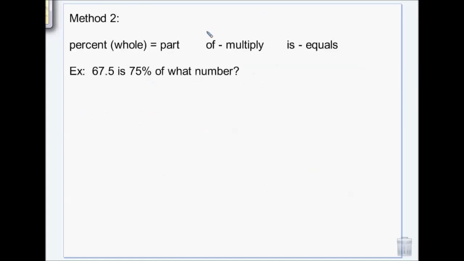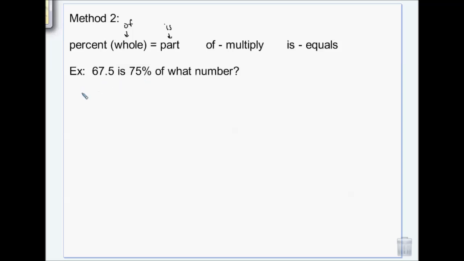If you don't like proportions, you can do the percent times the whole equals the part. Of is your multiplication, and is is your equals, so this is your is part, of word. So if I have 67.5 is 75% of what number?